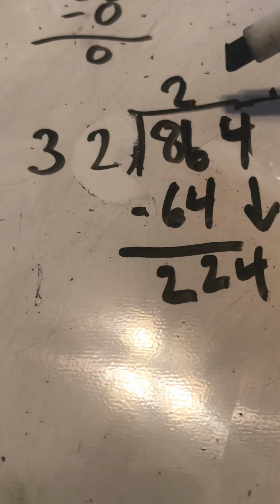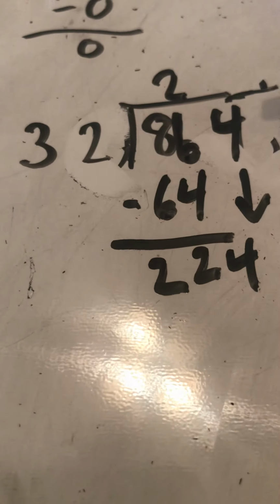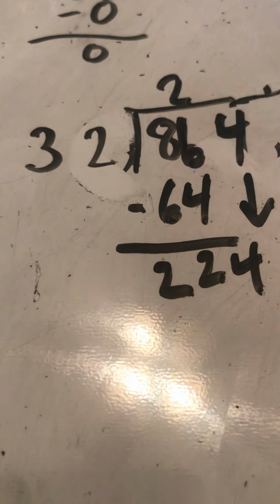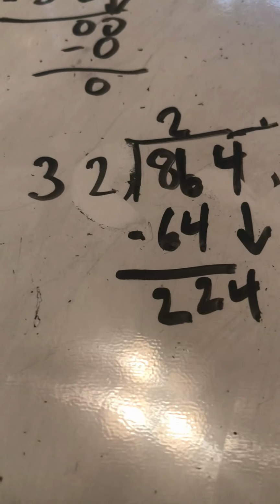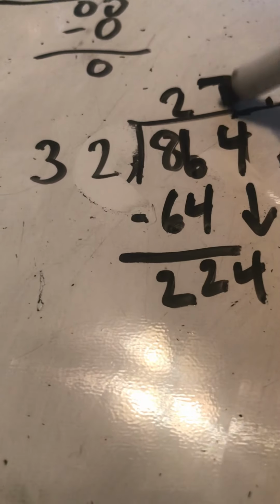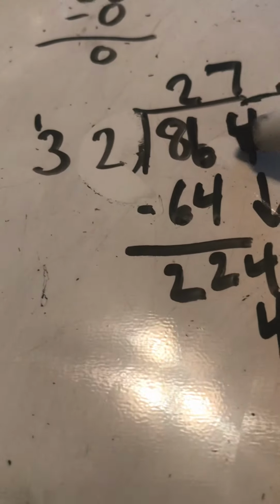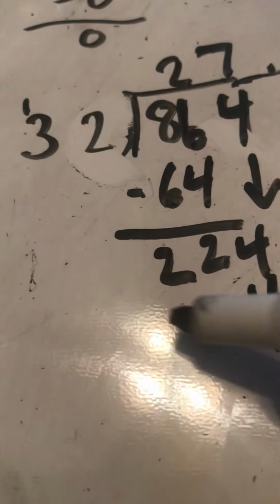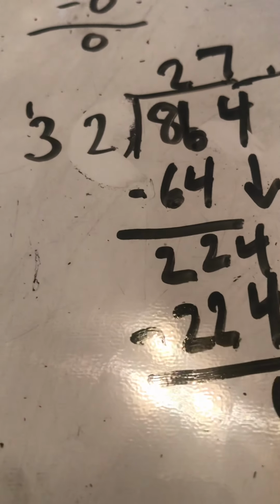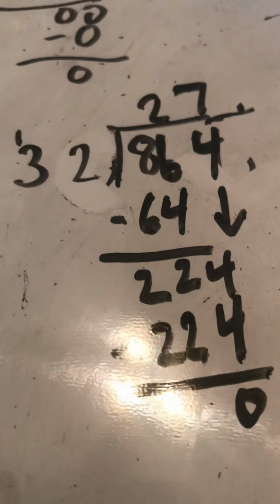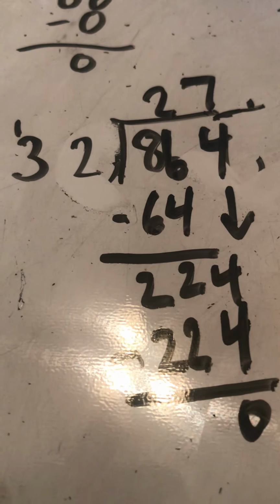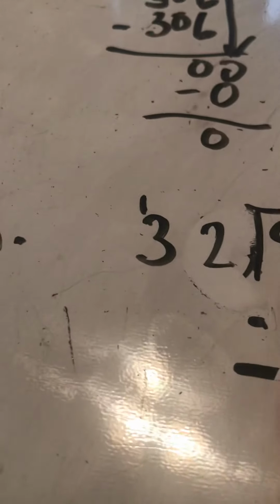Well, 2, that's not really going to help me, right? But maybe, well, I know if I do 7 times 2, I get 14. I would put the 4 there. So let's try 7. 7 times 2 is 14. Carry that 1. 7 times 3 is 21. Plus 1 is 22. And voila. We have our answer, 27.